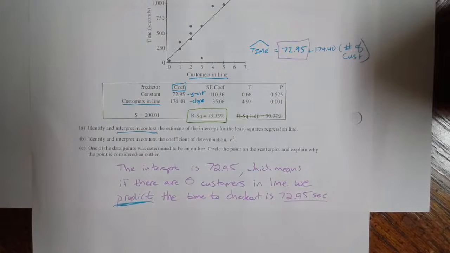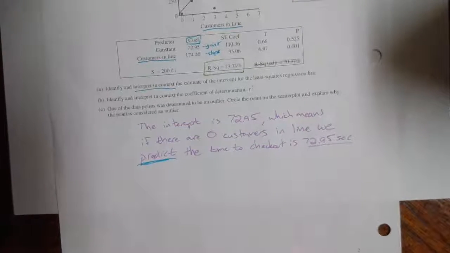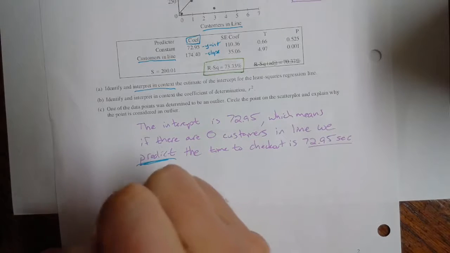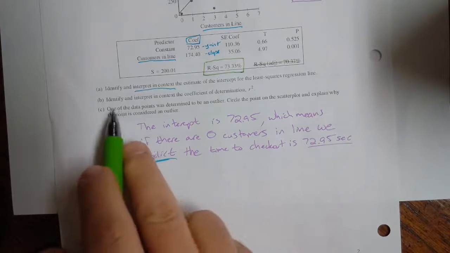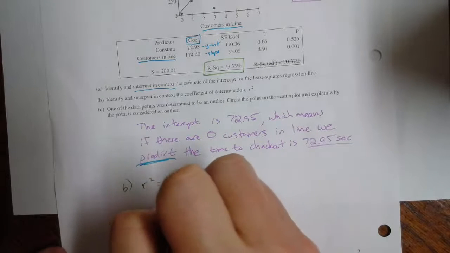So what r squared tells you is how much of the variability in the time can be explained by the number of people in line. So what I'd like to think about it is that, well, it says identify it first. So r squared is 0.7333.